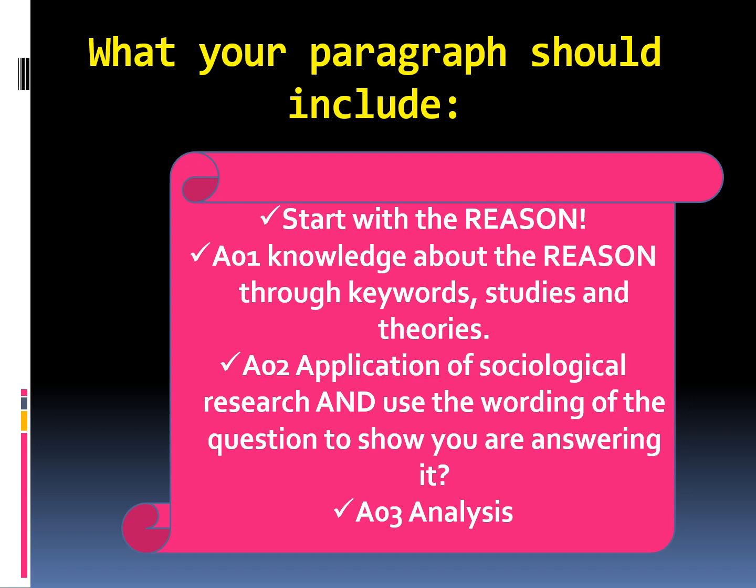You can mention keywords, you could define it and explain what that means. Then give examples of application of sociological research that support that reason, and use the wording of the question to show that you are answering it. And finally, analysis. Go into as much detail as you can, try and link further ideas or concepts, or even look at it from a different angle.